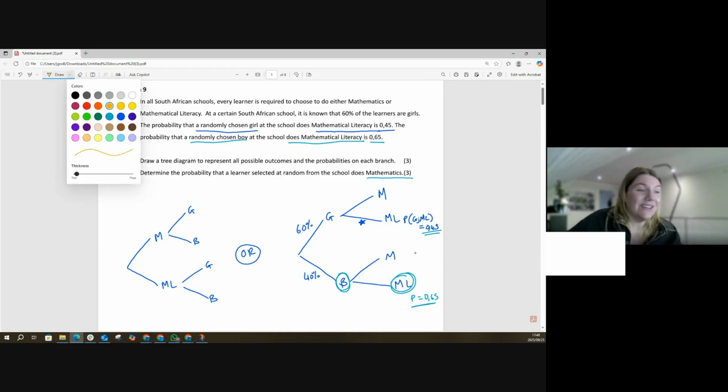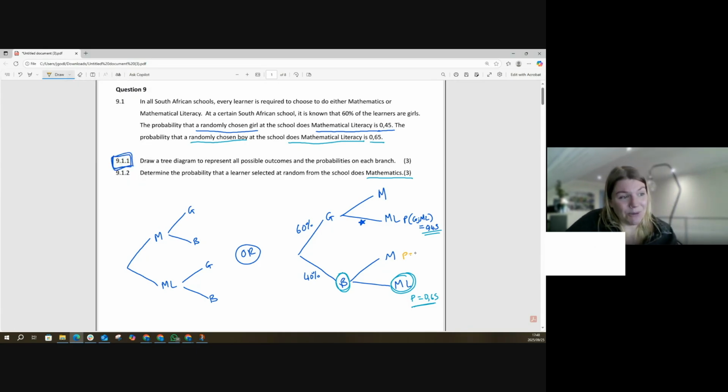So this over here would be your 0,35, and this would be your 0,6555, sorry. And you would add those two together. But it's not correct because you're going to get a number that's way bigger than 1. So I just wanted to show you that is what you would do hypothetically, but the question is flawed.